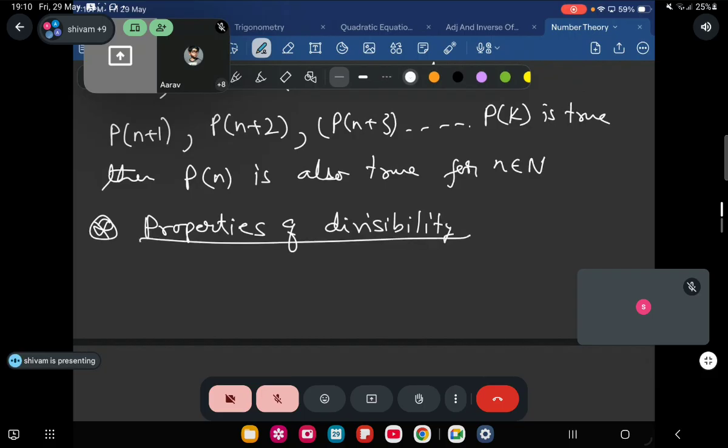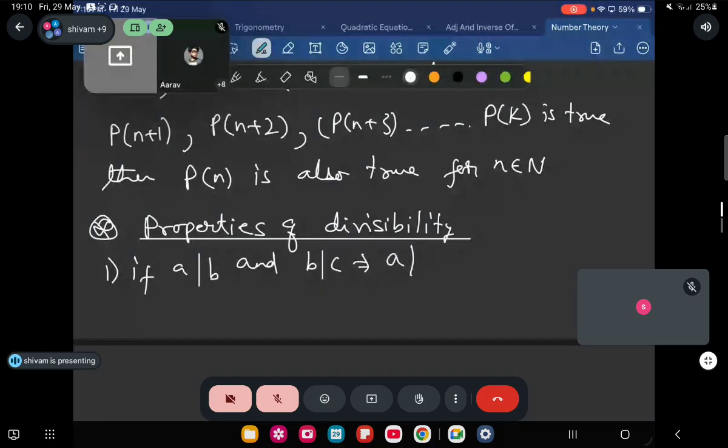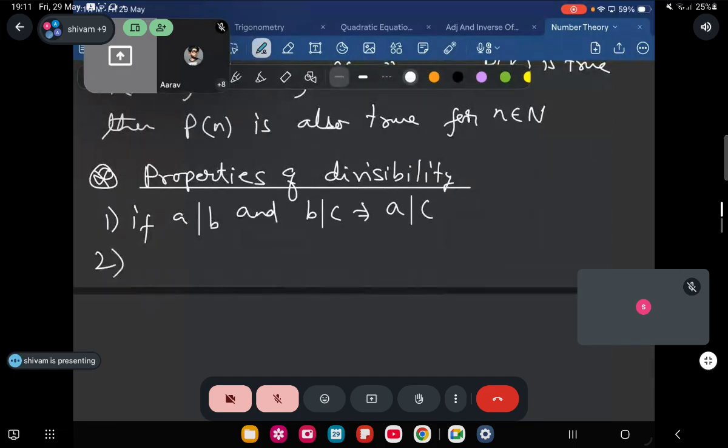Number 1. If I say A divides B and B divides C, this also implies that A divides C. Means A divides B, B divides C, then A also divides C. Number 2.